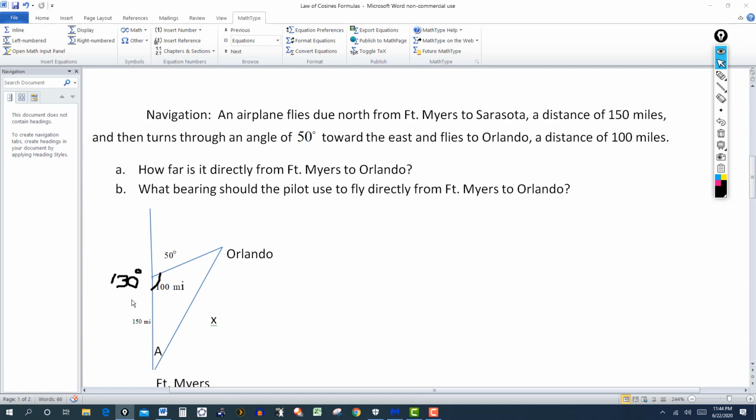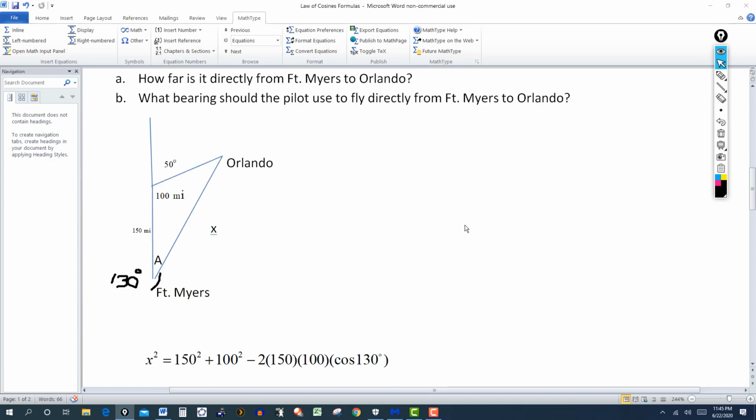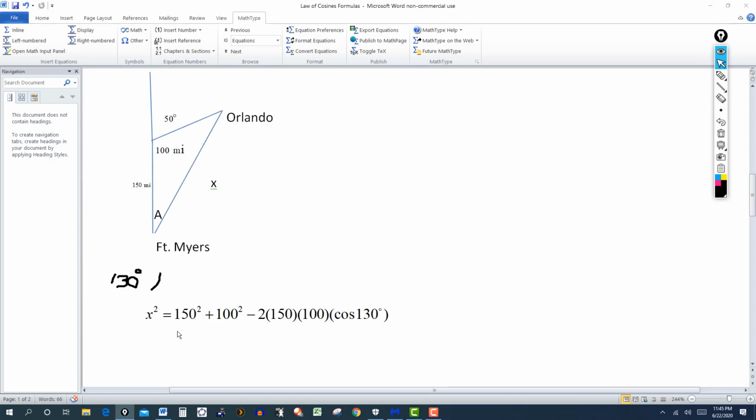So there's the setup, and I pretty much showed you how to compute it from there, but let's go down here, and here's your setup.